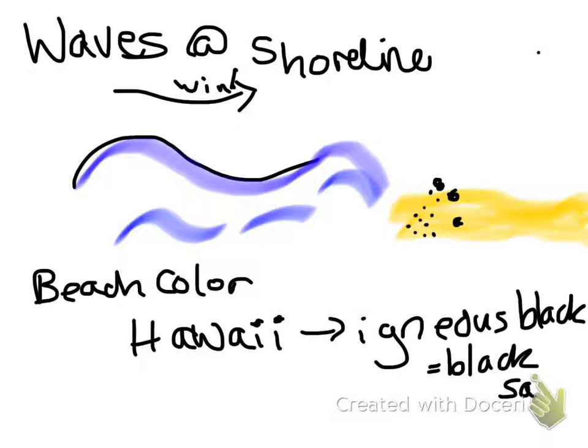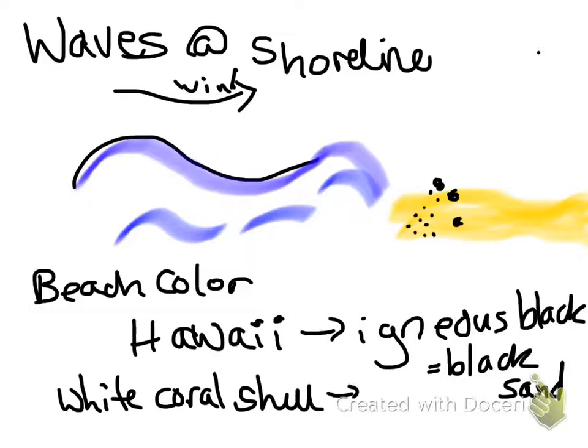If you are somewhere where there's white coral shells, you could end up with a white beach, like in Florida. Or off the coast of California, we have a lot of light-colored, kind of yellow beaches.